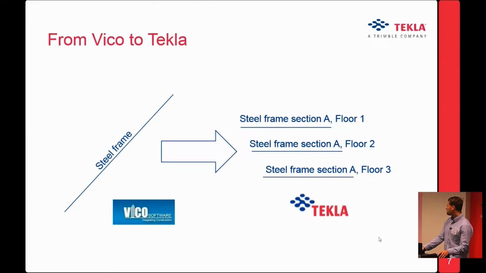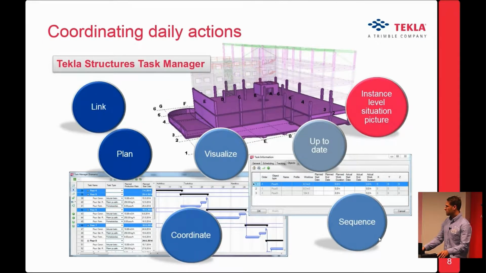So you can plan, coordinate, visualize. You can use this tool to even show the 4D presentation of the erection. And it could be even daily level. I was talking about weekly level, but the minimum detail that we can do in Tekla is 1 day.